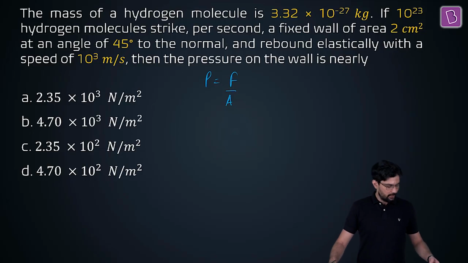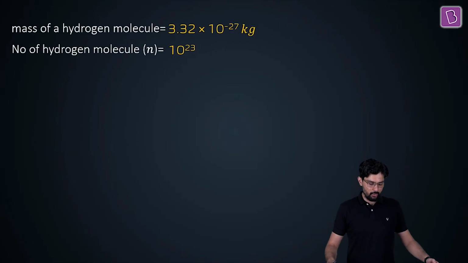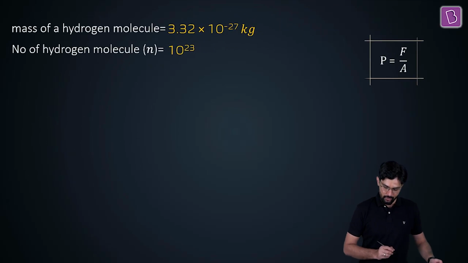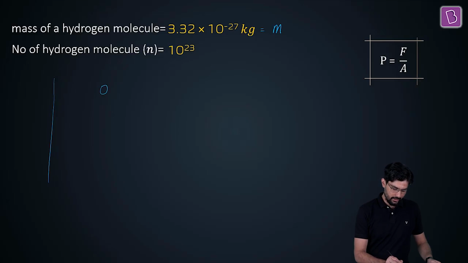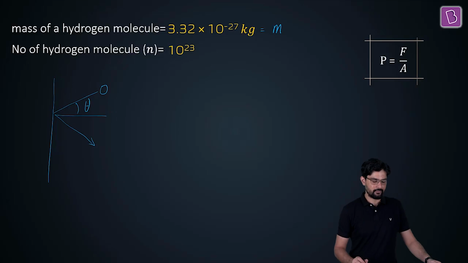So let's assume that the mass of each molecule is some m. We'll put the values later. So the situation is something like this. It comes like that and rebounds like this. This angle is 45 degrees. Let's say this is theta.